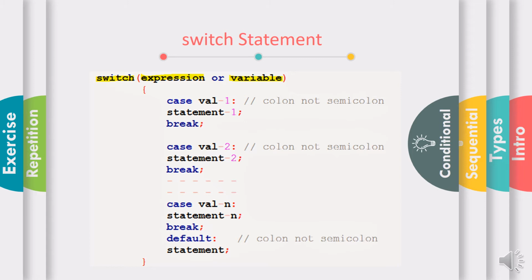Then we use the curly bracket. This is the start of the switch statement and this is the end of the switch statement. In switch statement, we use multiple cases like case 1, case 2, case 3 and so on, depending upon the number of choices or alternatives that we have.